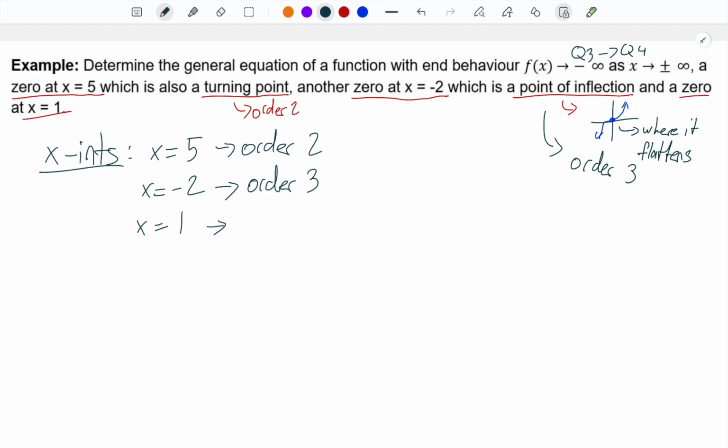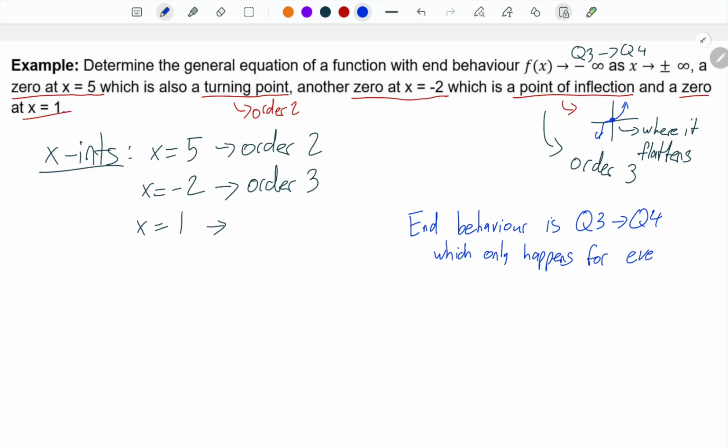Because what we know is the end behavior is quadrant 3 to quadrant 4. And that only happens for even degree. That's going to be a key thing.